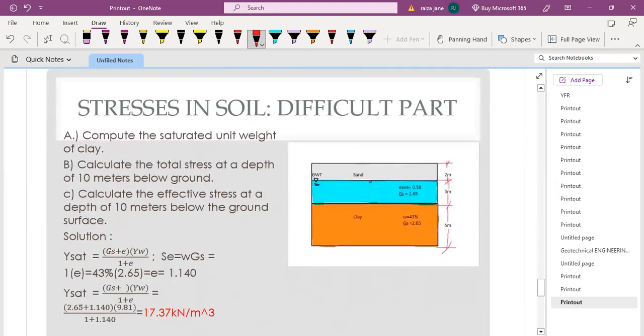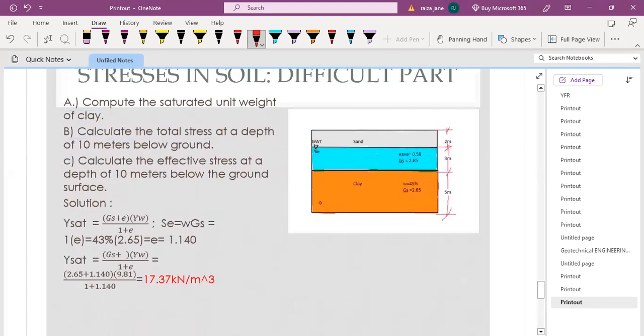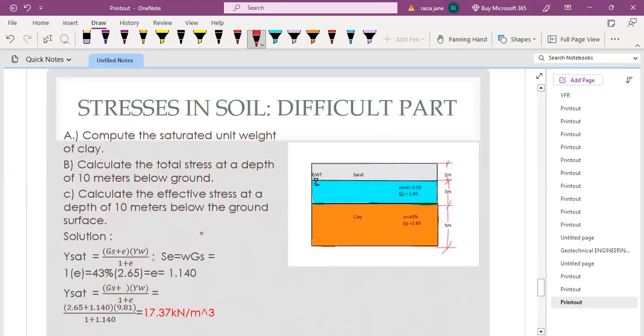Next, stress in soil, different part, difficult part. So, in here, meron tayong sand sa first layer, tapos meron tayong groundwater table dito, and next is the clay.